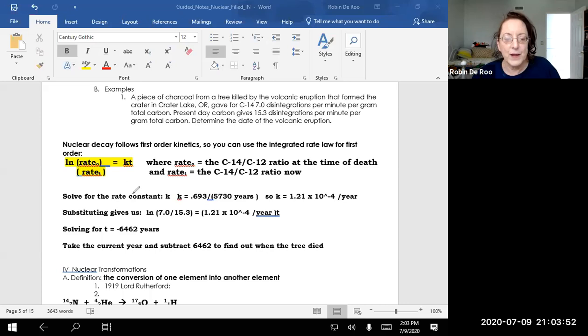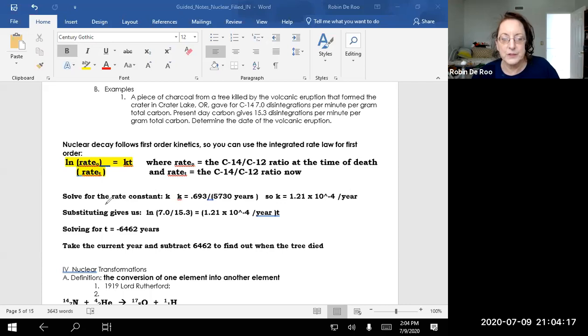So we solve for the rate constant using rate constant equals 0.693 divided by the half-life, which is 5,730 years. So our k equals 1.21 times 10 to the minus 4 per year.